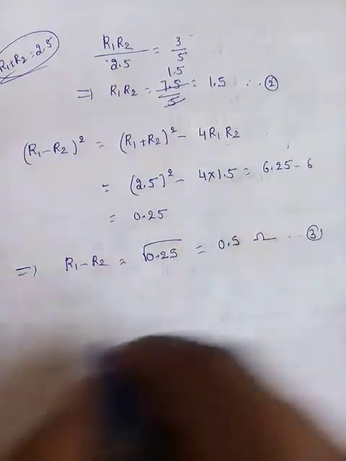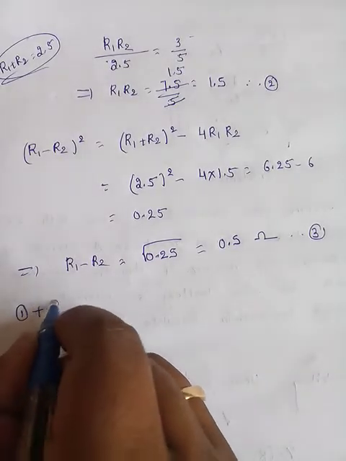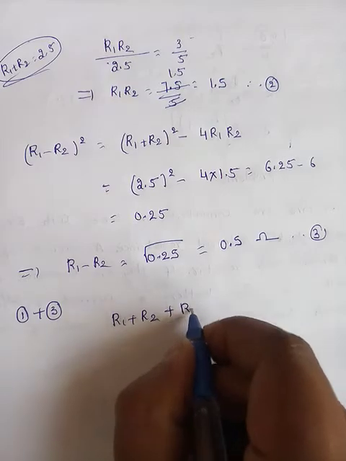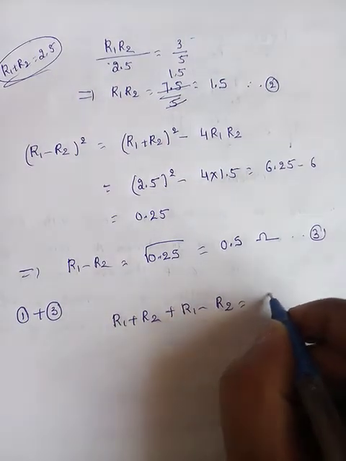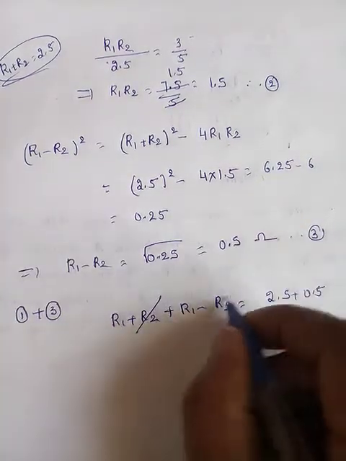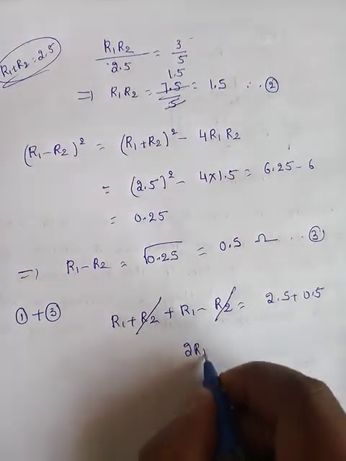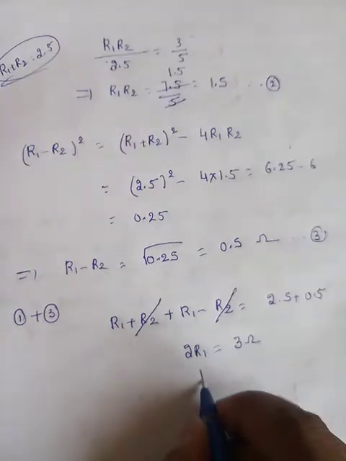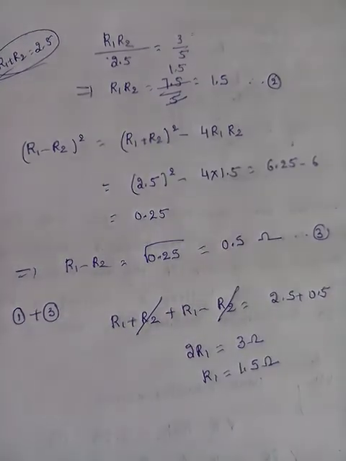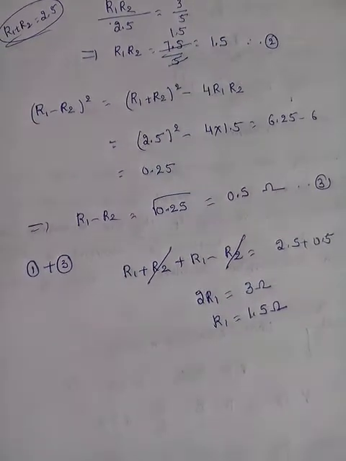So, simply adding equations 1 and 3, R1 plus R2 plus R1 minus R2 equals 2.5 plus 0.5. R2 and minus R2 cancel, so 2R1 equals 3 ohms, R1 equals 1.5 ohms. Okay.